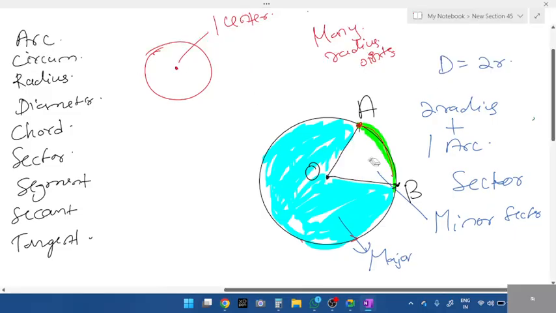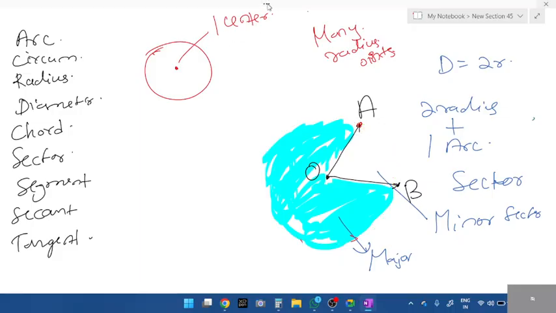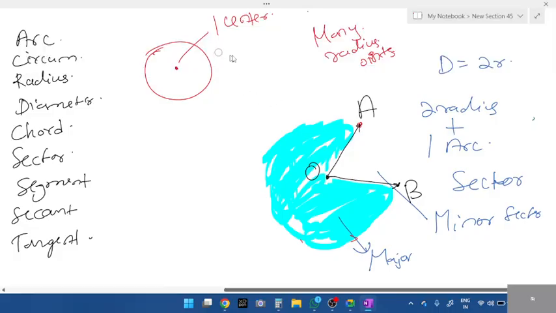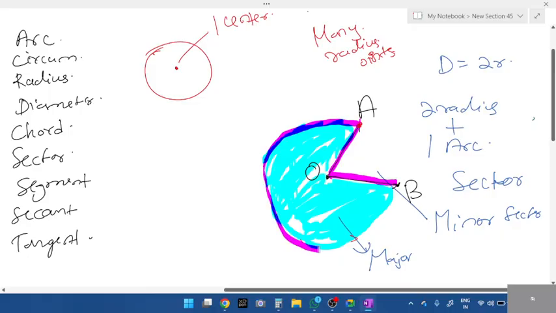Look here, if I erase this green line, you'll understand now. Can you see this diagram, students? Does it have a radius? Two radius. Can you see the pink line?